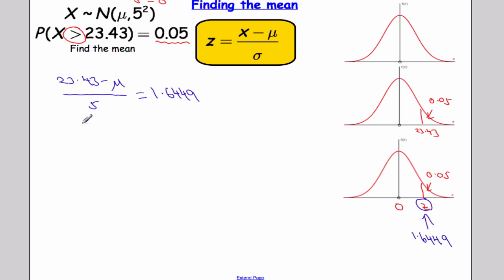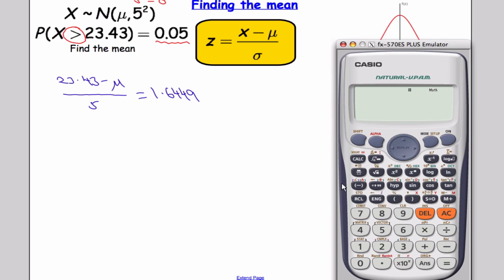So the first step in the process is I'm going to multiply both sides by 5. When I do that, let's crack out the calculator. I'm going to do 1.6449 multiplied by 5.